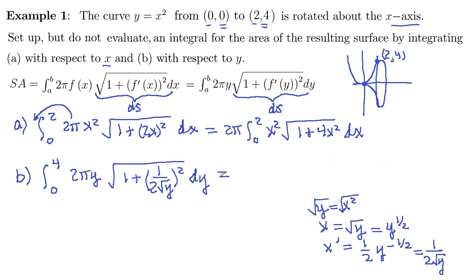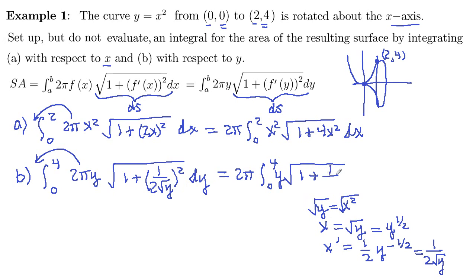And then for the other integral here, we're going to factor out that 2 pi, integral 0 to 4, and then square root. Well, we've got a y left in there, and then square root, this will be 1 plus 2 root y times 2 root y, which would be 4y.